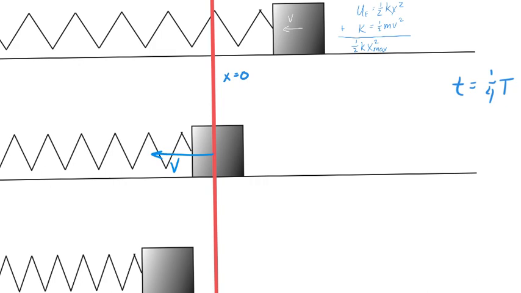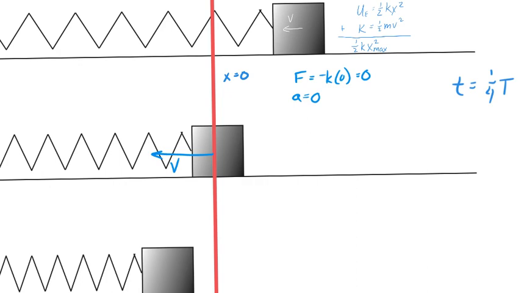But if F equals 0, if x equals 0, then at this moment there's no force on the object. And if there's no force on the object, there's no acceleration of the object. So as it passes through the equilibrium point, it's neither speeding up nor slowing down.